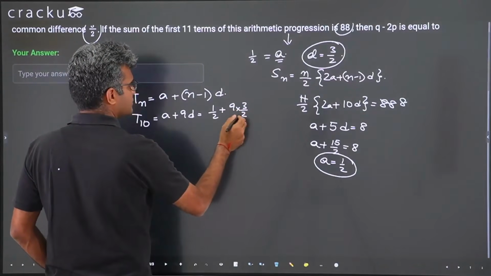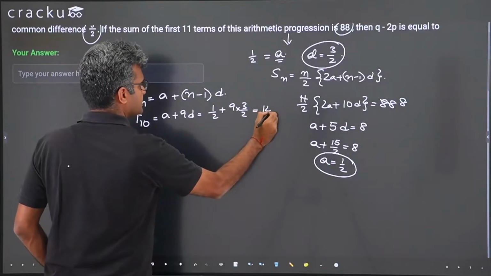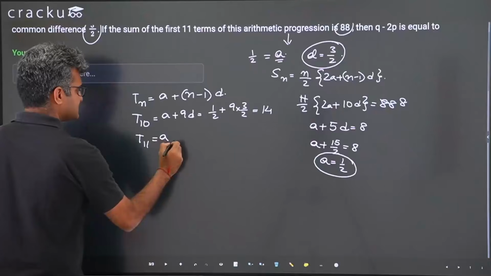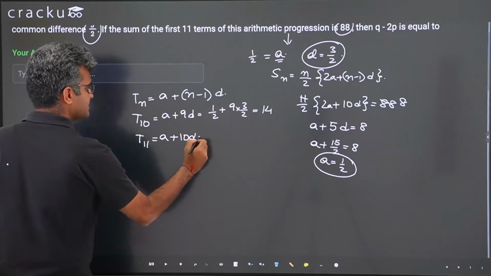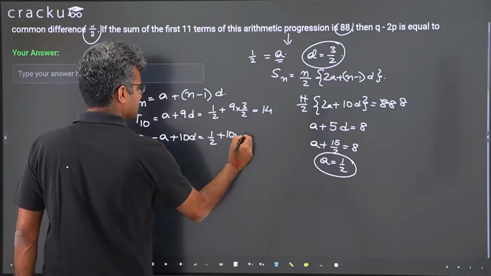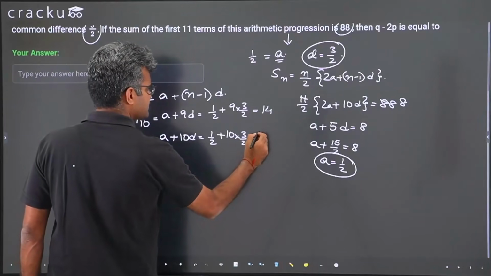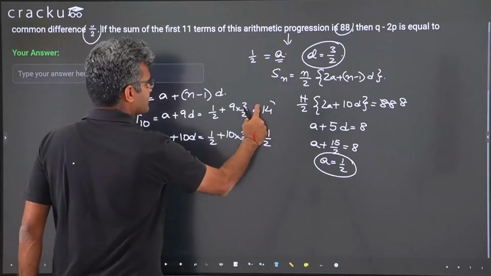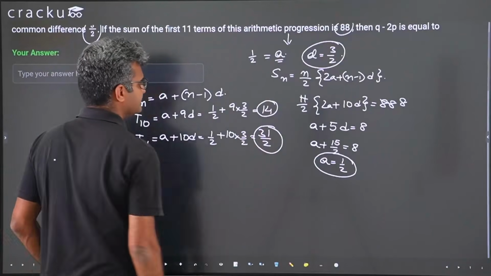This is 27 by 2 plus 1 by 2, which is 14. What is the 11th term? 11th term is a plus 10d. This is equal to 1 by 2 plus 10 into 3 by 2, which is equal to 31 by 2. So the two roots of the given quadratic equation are 14 and 31 by 2.